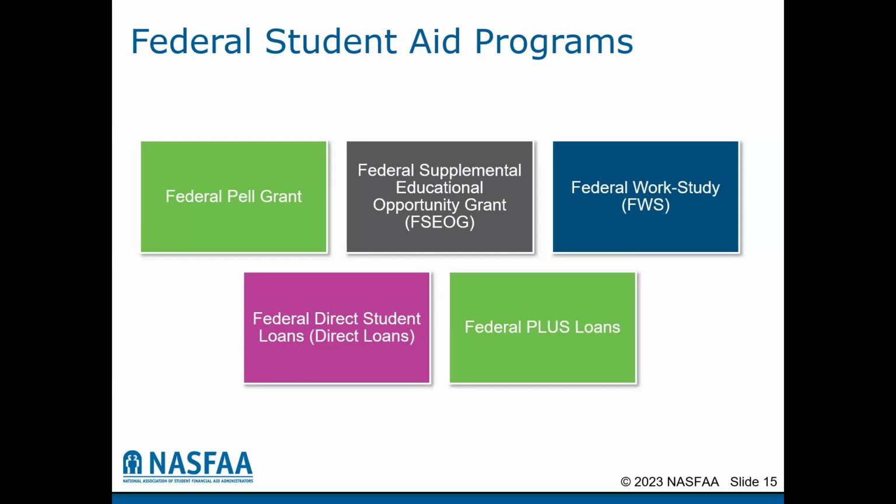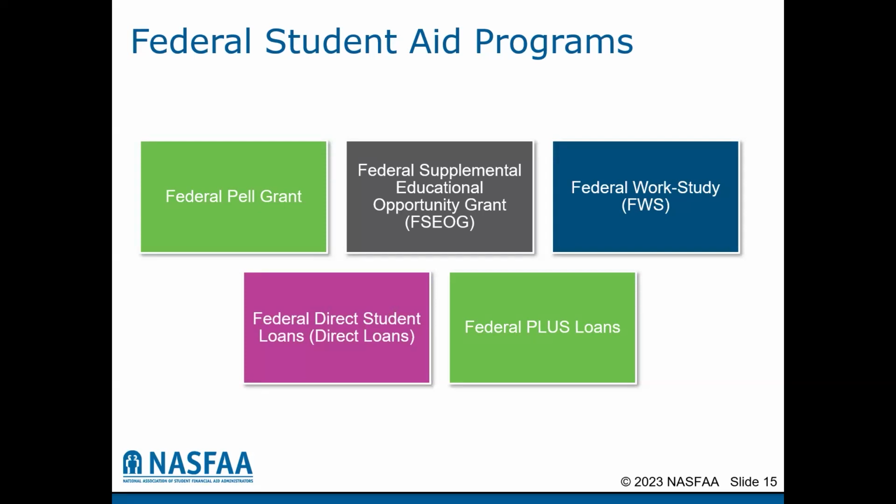Please look at your college or university's website for additional information on how to apply, what positions are available, and the hourly wage. Federal direct student loan programs are loans designed specifically for students.